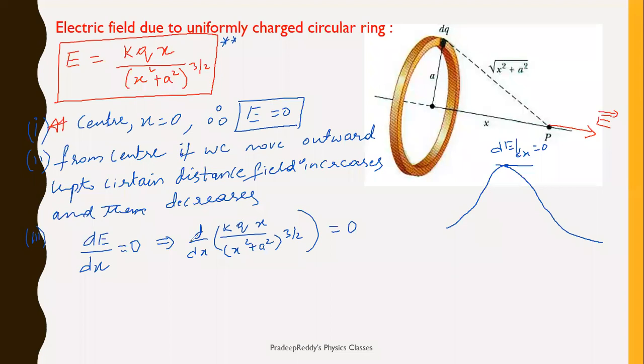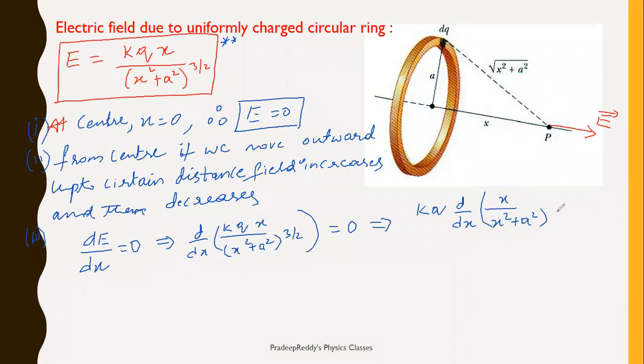Now all constant terms you can bring outside. That gives you k q into d by dx of x divided by x square plus a square whole power 3 by 2 is equal to 0.